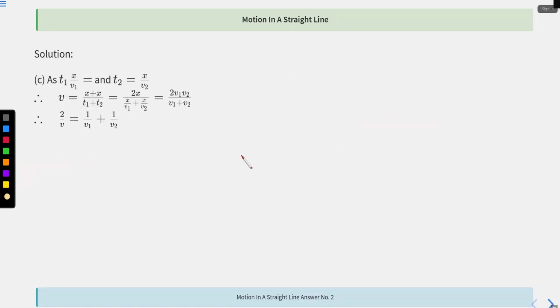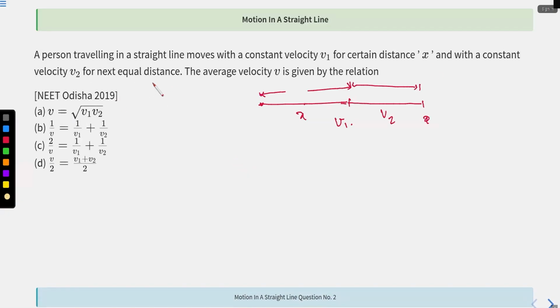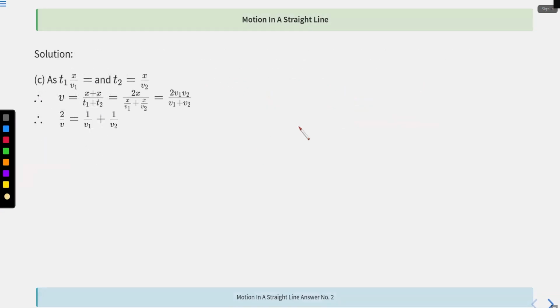So, what is the average? They have asked us what is the average velocity, right? So the average velocity v is equal to x plus x divided by the total time, where t1 is equal to x by v1, and t2 is equal to x divided by v2.